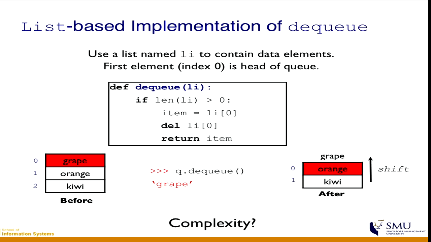But to dequeue it, when you dequeue, it means that you take the head, and because the head is at 0, you need to shift everything up by 1. As the shifting is n minus 1, this complexity is going to be O(n).